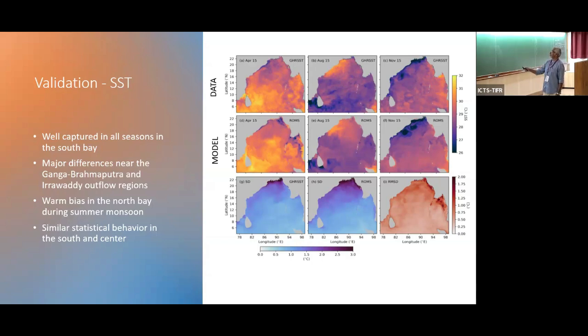One can see that there is good correspondence between the patterns of the model and observations. And here are some statistics which show the standard deviation from the data, from the model, and the RMS deviation from the model. The RMS deviation is given on the slide here, which goes to a maximum value of about 2 degrees.